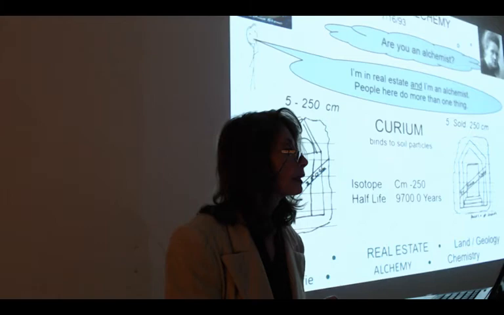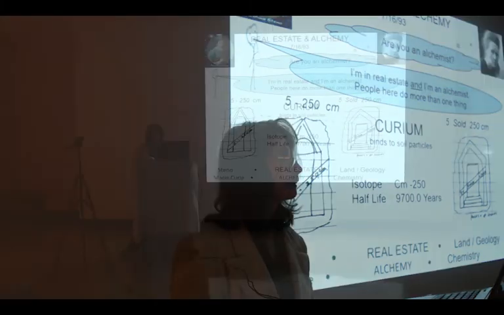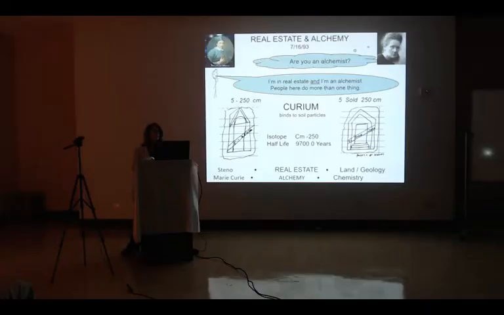There's another dream. Someone says, "Are you an alchemist?" And the little dreamer over there says, "I'm in real estate and I'm an alchemist." People here do more than one thing.